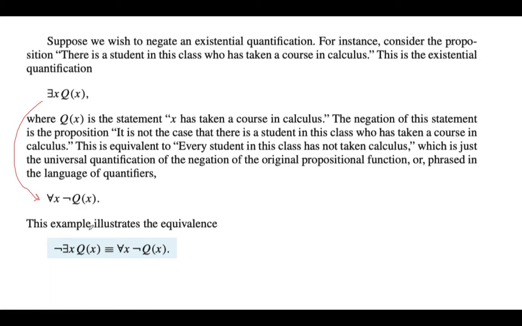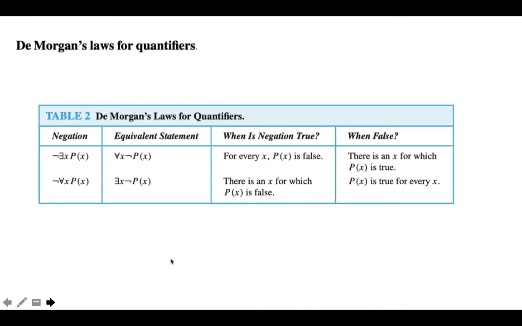So this example illustrates the equivalence. Likewise, if you negate it, this will become exactly this one. So not there exists x Q of x is equivalent to for all x not Q of x. This is De Morgan's law for quantifiers. As we reviewed the things, we have come up to this table, so let us have a look.